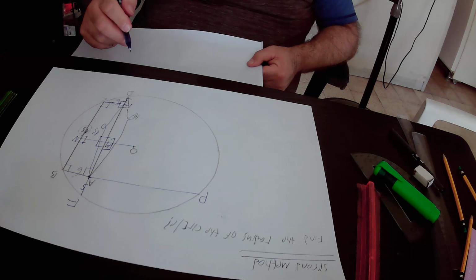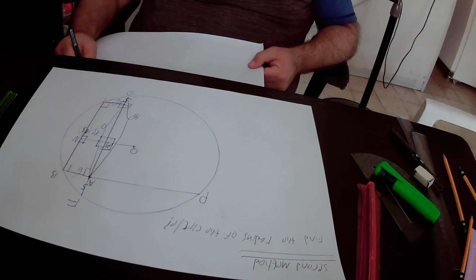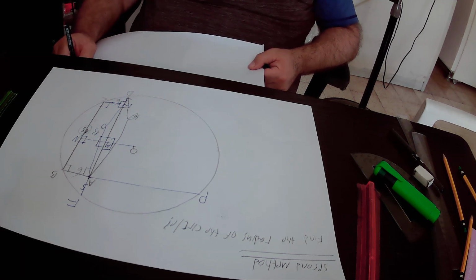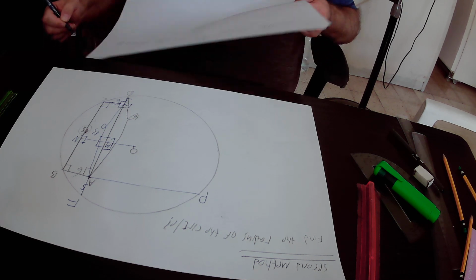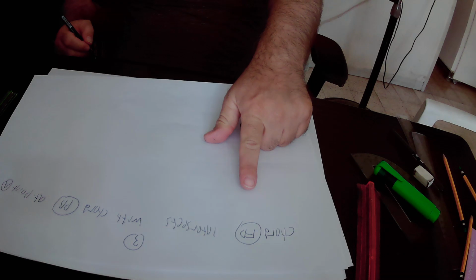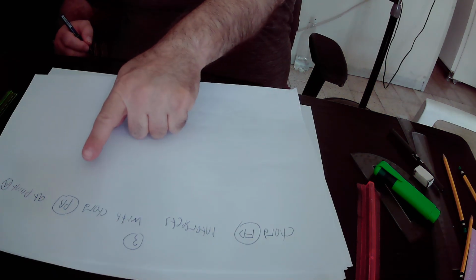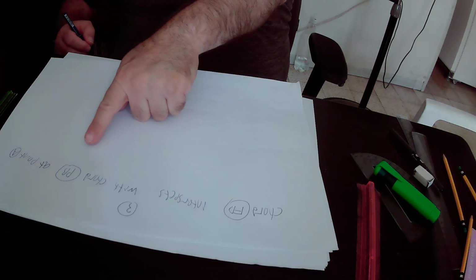The intersection point is at point A. I repeat again, chord FD intersects with chord PB at point A.